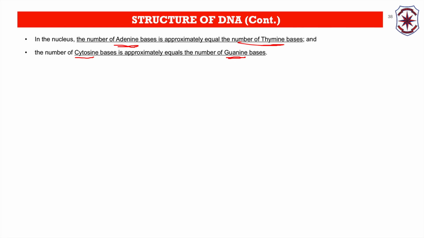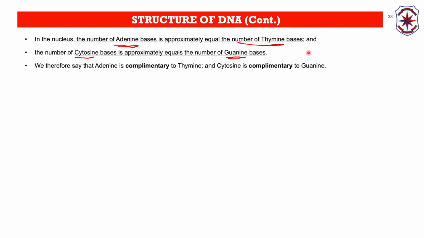So if there is around 2,500 cytosines, there will be around 2,500 guanines as well. This is important to note. Why? We therefore say that adenine is complementary to thymine and cytosine is complementary to guanine.